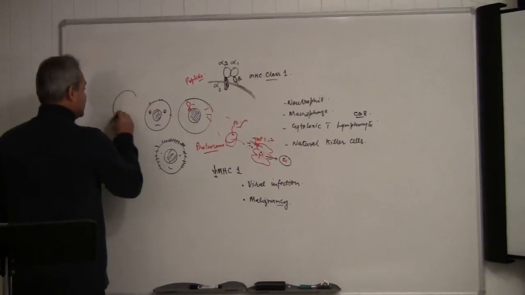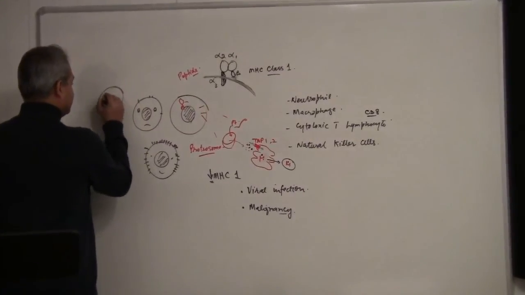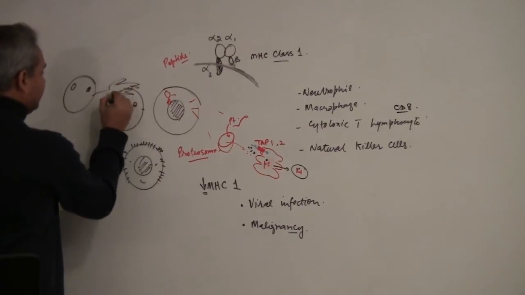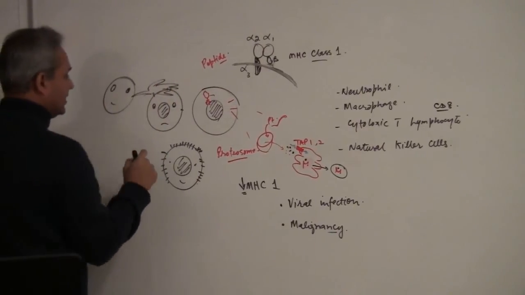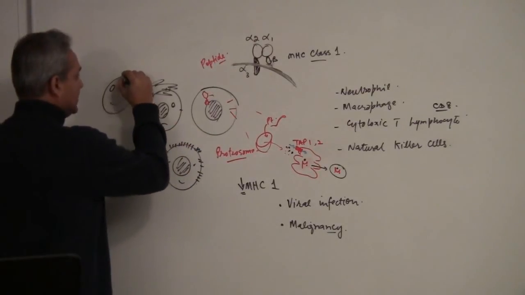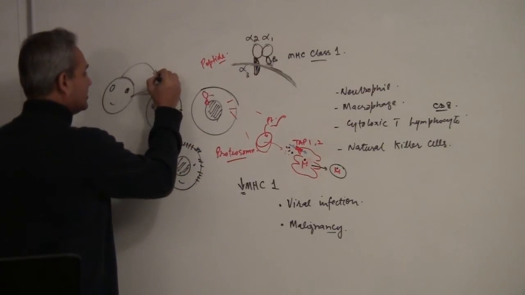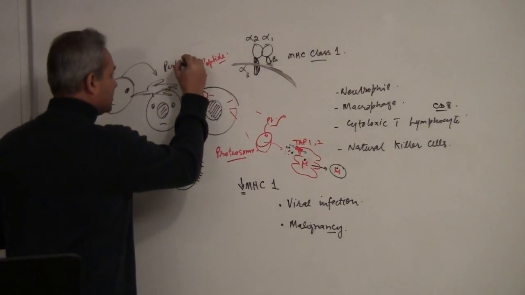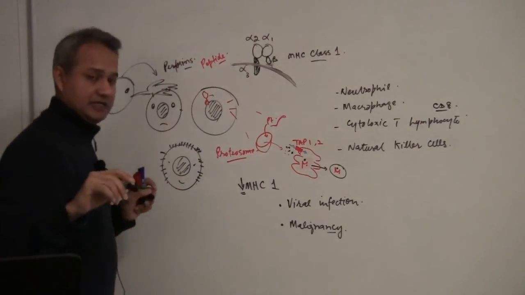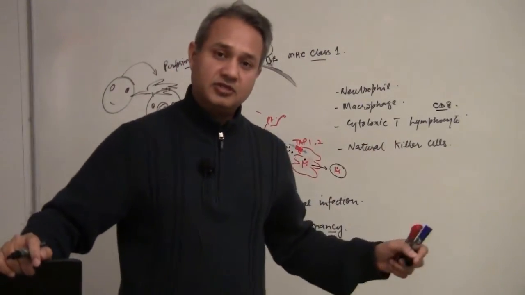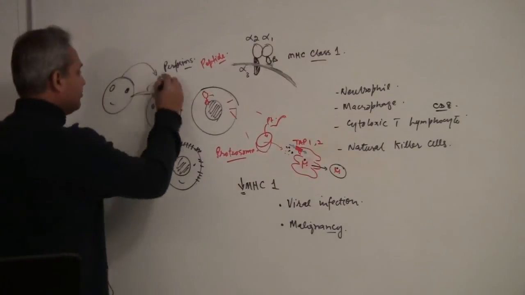Well, when the natural killer cell touches the cell and figures out that there is less MHC1, it says, oh my God. So what it does is it sends perforins. Remember we talked about those. I'm not here to revise the natural killer cell's function, but generally they send perforins.